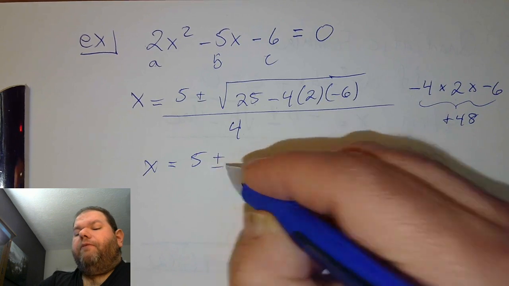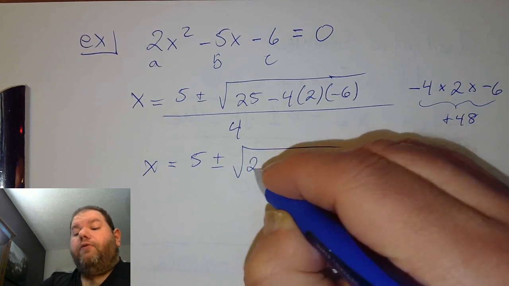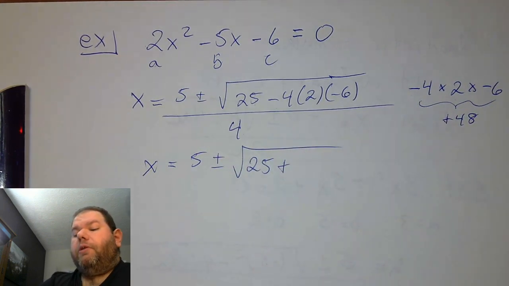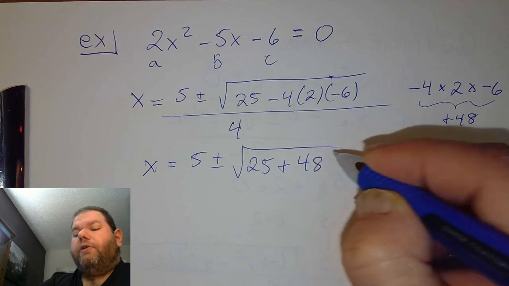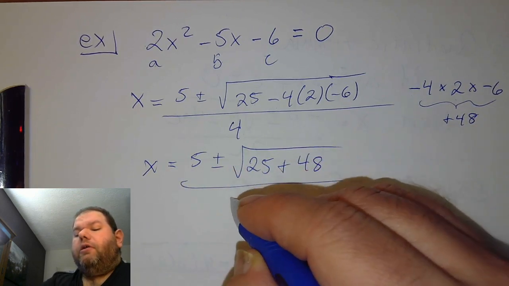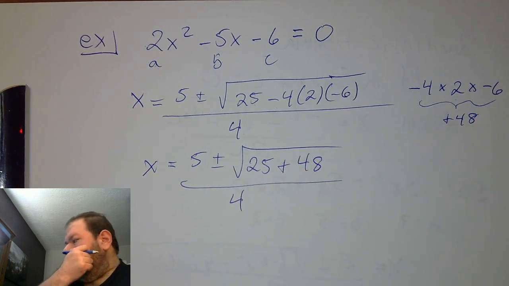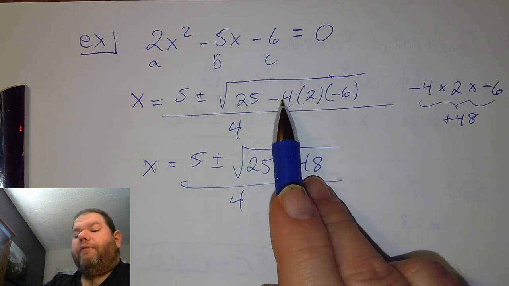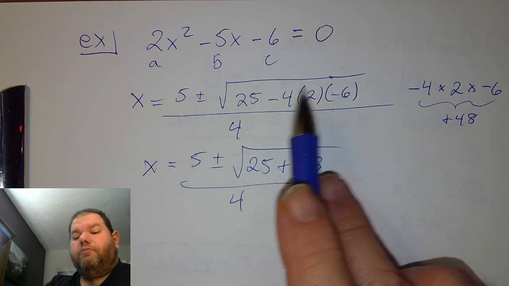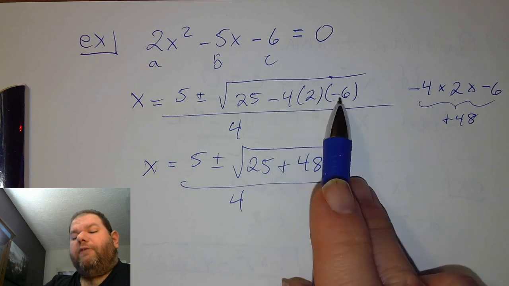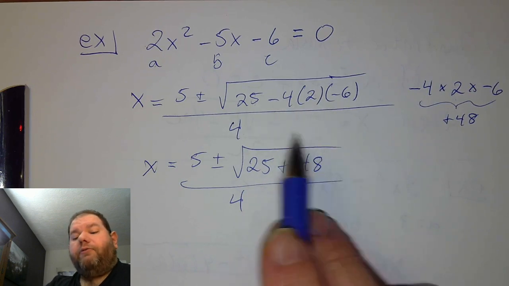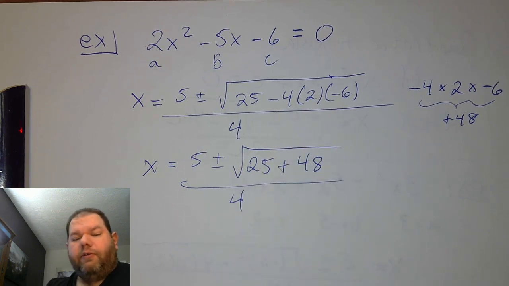So we get 5 plus or minus the square root of 25 plus 48 under the square root over 4. So this is a spot where we have like these multiple minus signs. We have to be careful that we get that correct, otherwise it basically throws off the rest of the problem from there.